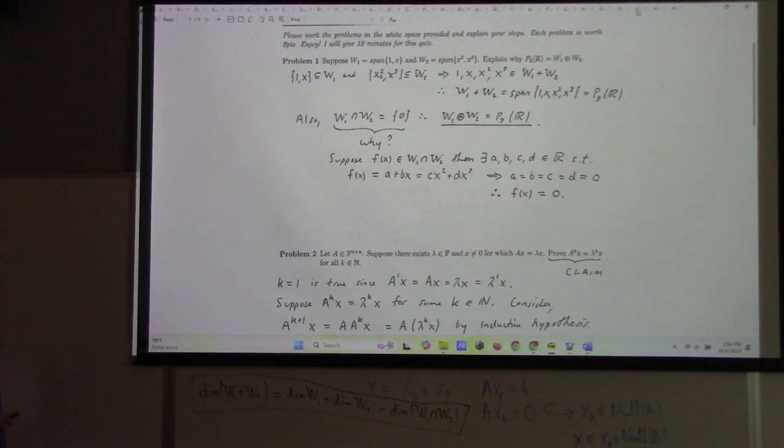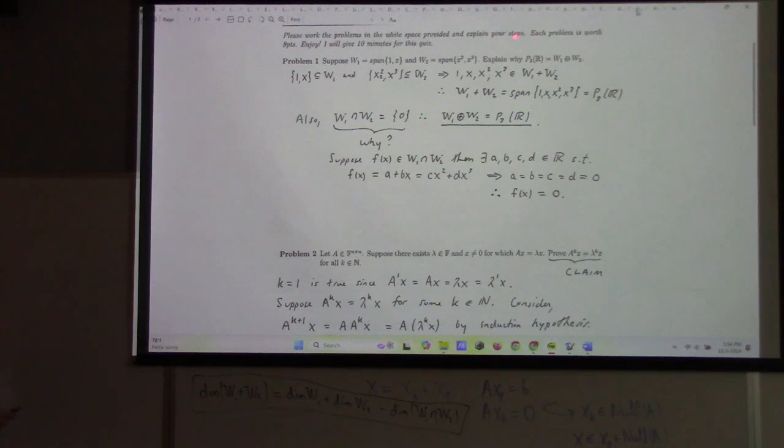If you've got the monomial basis inside your subspace, it's the whole thing. And the intersection is 0. Why? Well, if you had a linear combination of 1 and x squared and x cubed, if they were equal, by equating coefficients, you get a, b, c, and d all 0. So, yay. So this was not a hard problem.